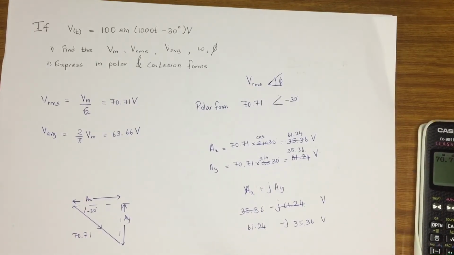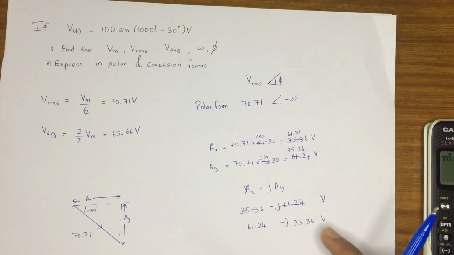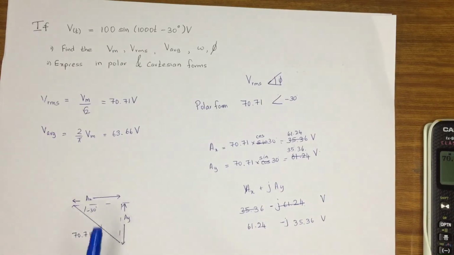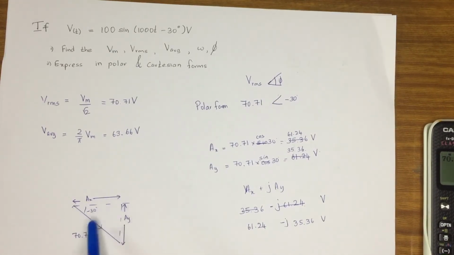So the thing over here is you can directly use this calculator and directly format this one, or else, as I have already mentioned, when you are considering this one, the AX is going to be 70.71 into cos minus 30, and if you are considering the AY, you can directly substitute 70.71 into sine minus 30.